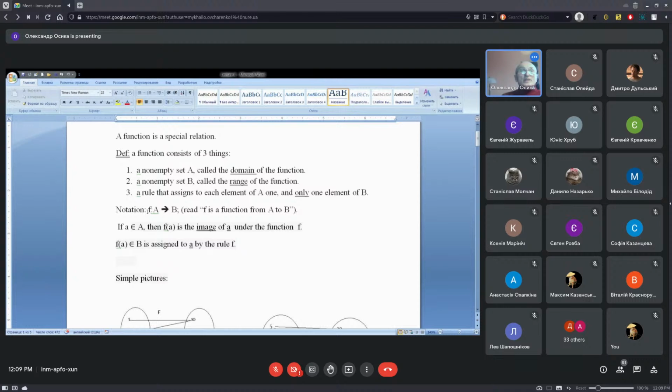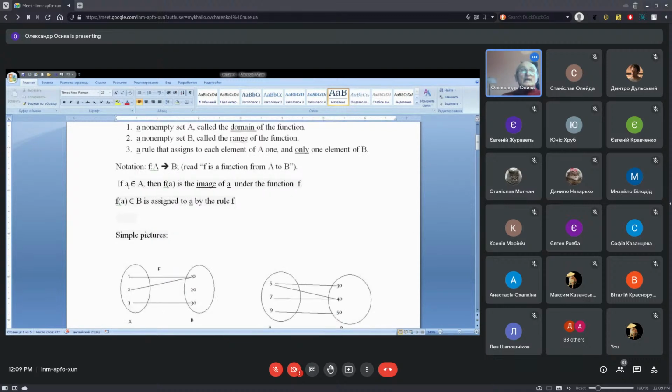Notation. F colon A arrow B, read: F is a function from A to B, from the domain to the range. If a small is an element of A capital, then F of a small is the image.